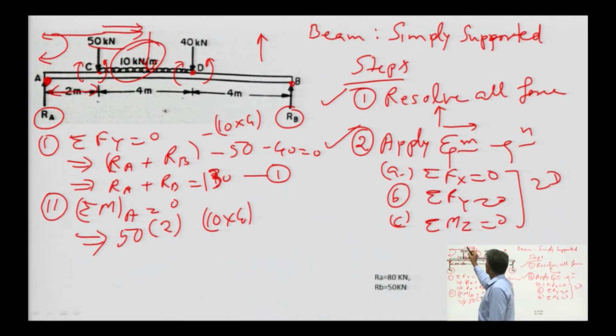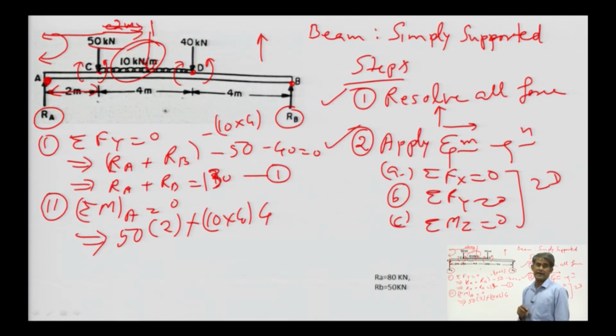We know that this distance will be 2 meter, because UDL is acting at the midpoint of this distributed load. So, this value will be 2 plus 2 means 4. And what will be the direction? Direction is also the same, it is rotating in clockwise direction, therefore plus sign will be taken.